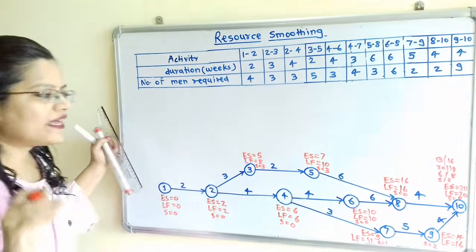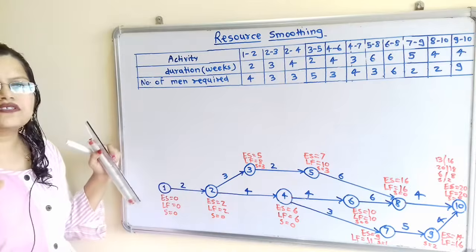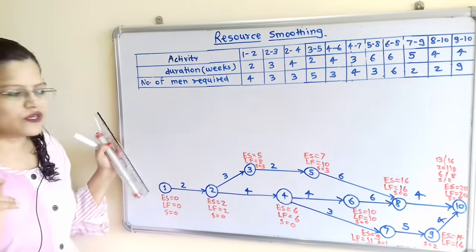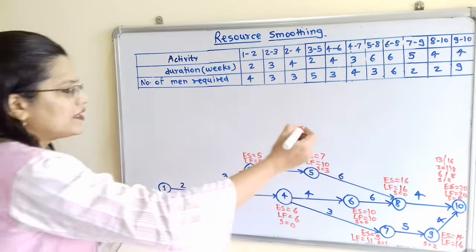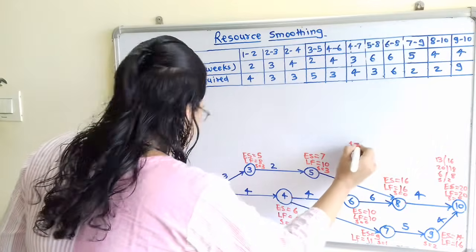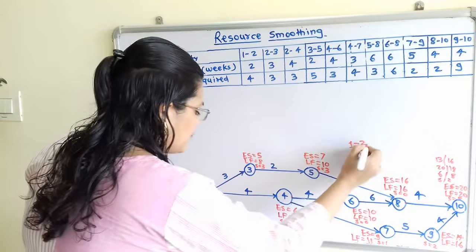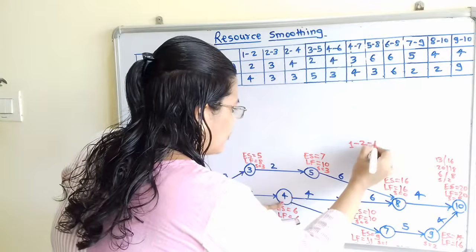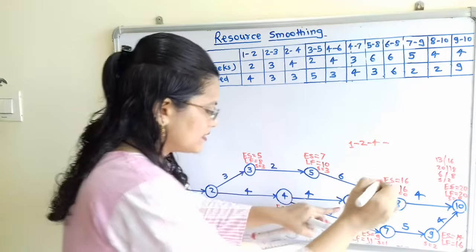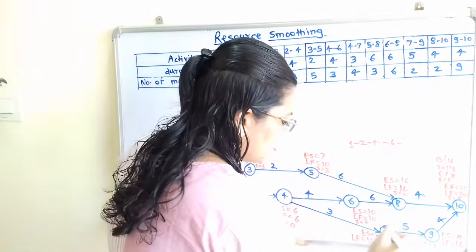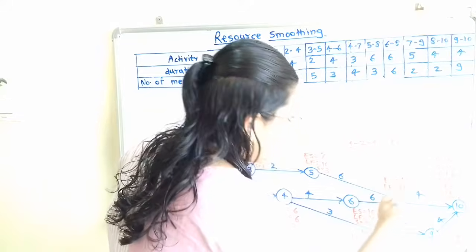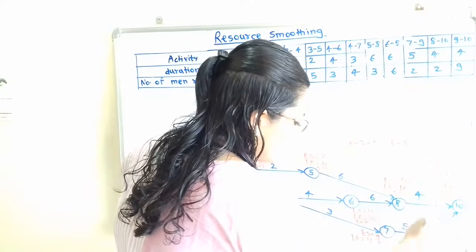Now we have to find out the nodes for which slack is equal to 0. So I will find out, that is node number 1, node number 2, node number 4, node number 6, node number 8 and node number 10.